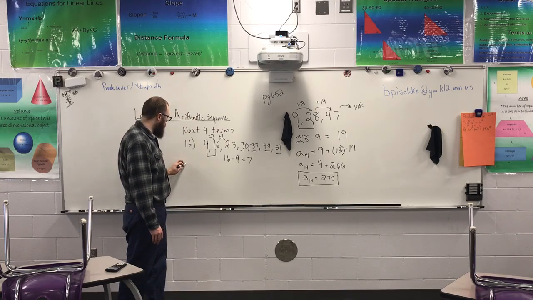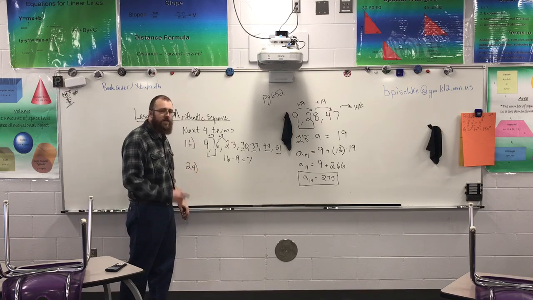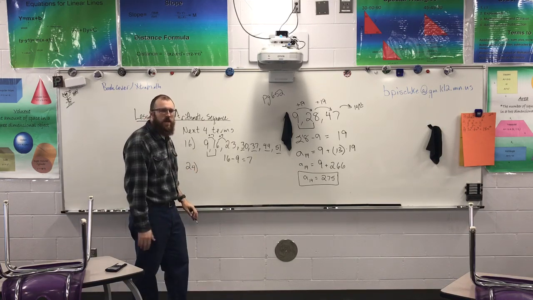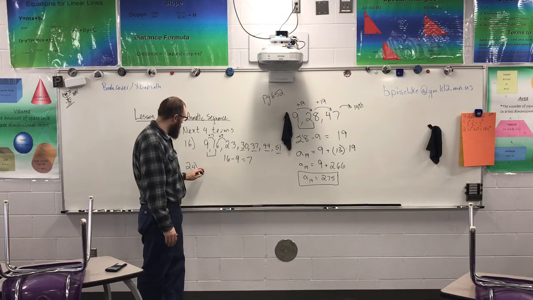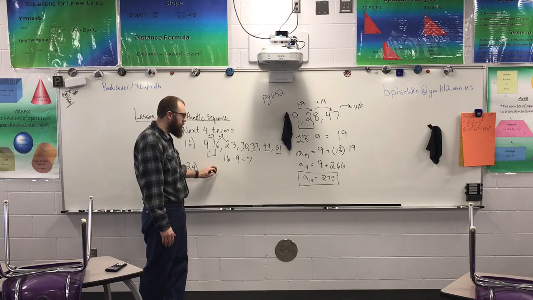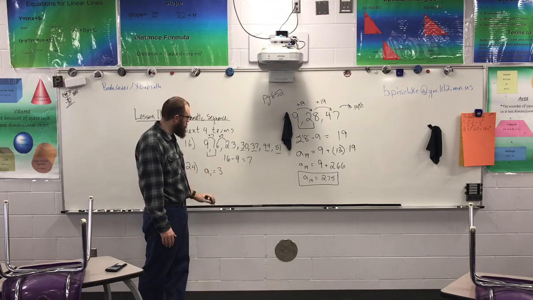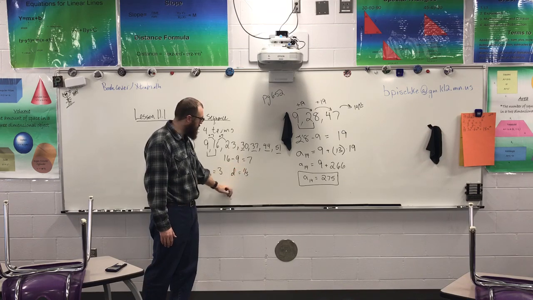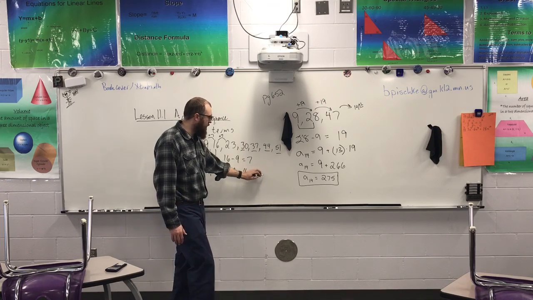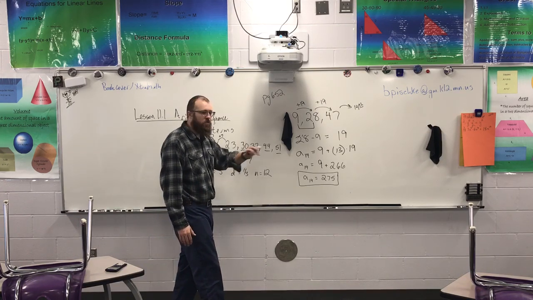The next problem I want to work on is problem 24. Problem 24 gives us a bunch of pieces and asks us to find the given term. So a sub 1 is 3, d is 1/3, and it wants me to find the 12th term.